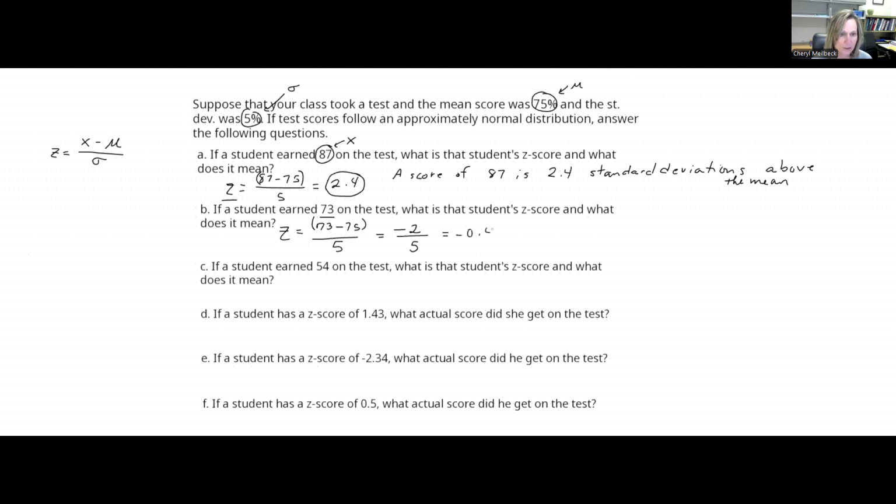So when we talk about what that means, because it's negative, we're going to say a score of 73 is negative 0.4 standard deviations below the mean. That's what that means.